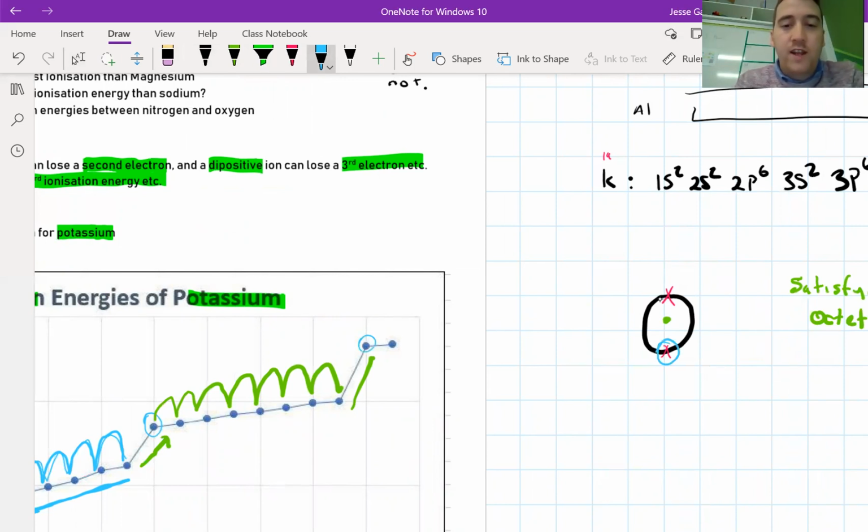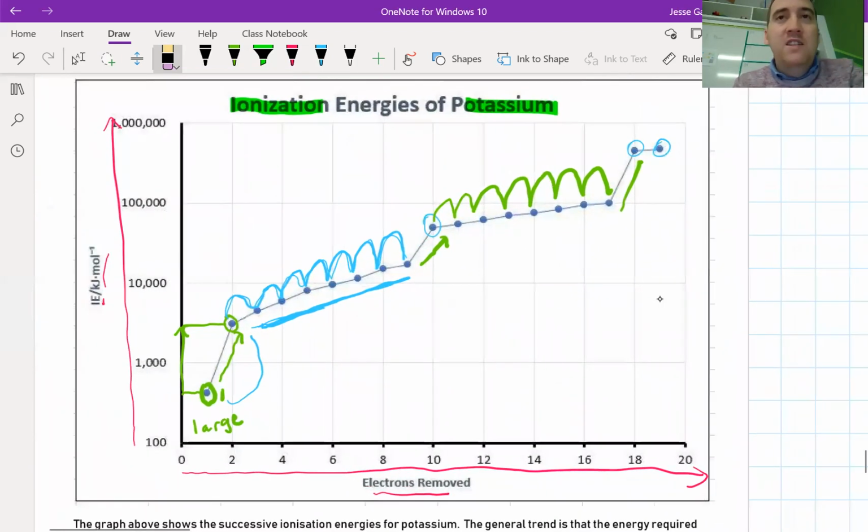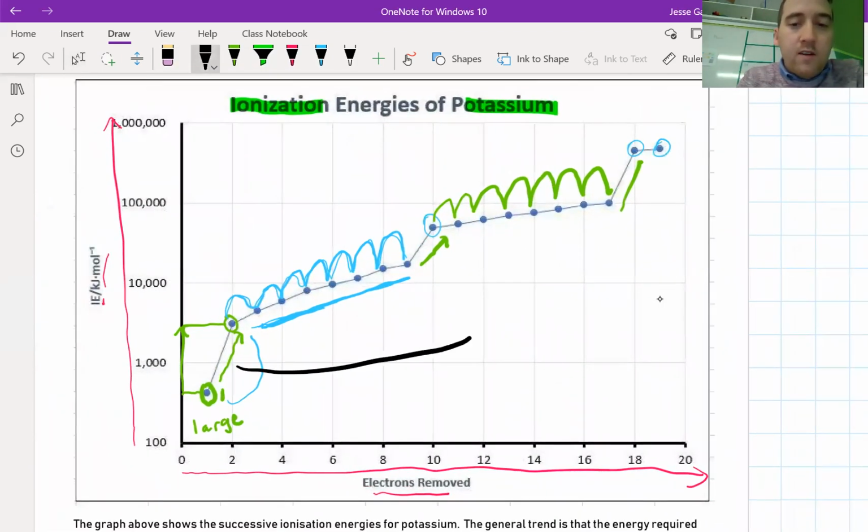When we're trying to take that one, there's a big jump again, and then obviously that will be all of the electrons removed. There's no electrons at all here now. So we've gone through the process of removing all the electrons, and what we see is this massive big jump. Here, here, and here, we see what we would call a significant jump.